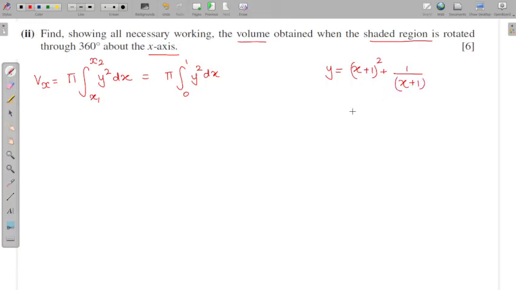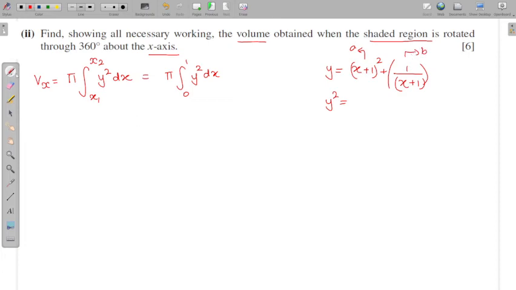This was the equation. So if we want to do y square, for this you can use the (a plus b) whole square formula. That's a square plus 2ab plus b square. So a is this and b is this entire thing.